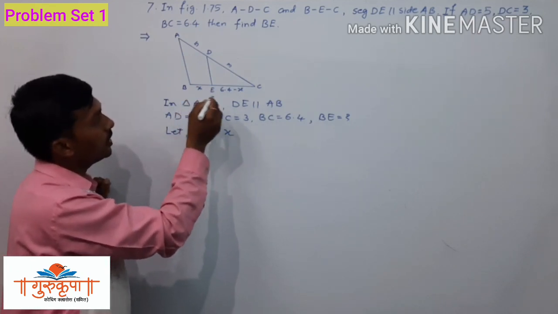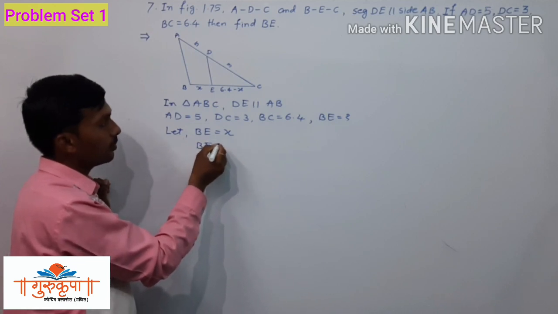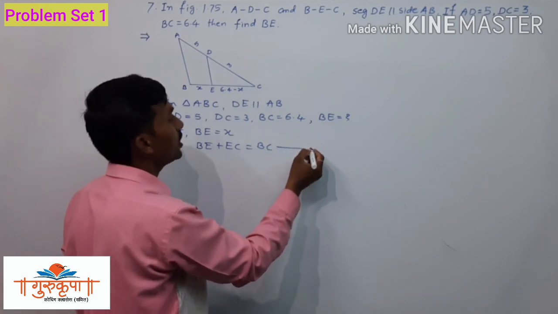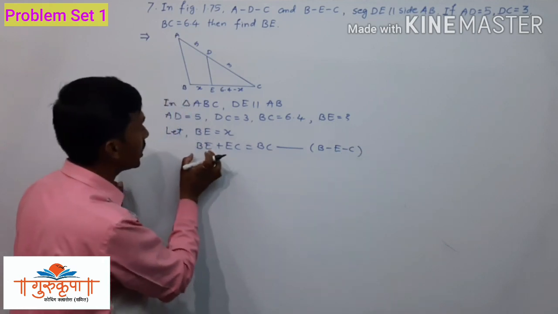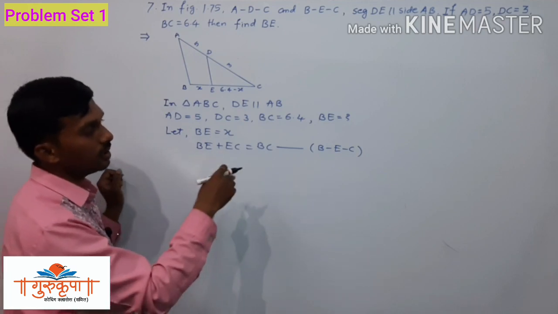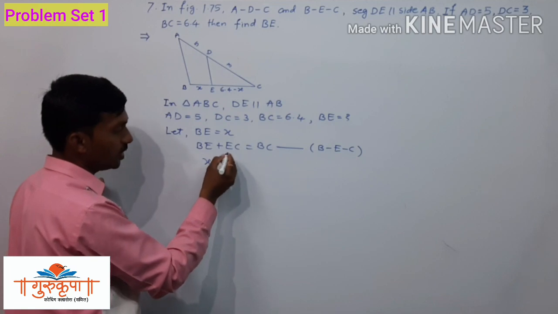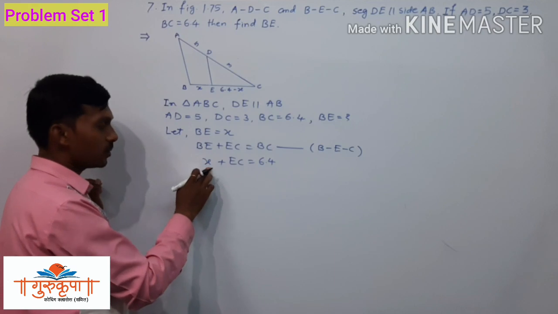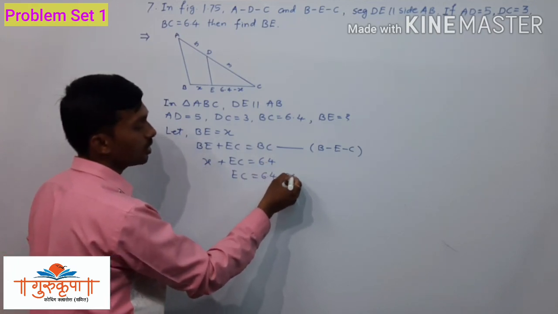So here we can write BE plus EC is equal to BC, and the reason behind it is E is in between B and C. This is the reason why we write BE plus EC is equal to BC, that is using the relation of betweenness. Now put the values here. BE is X, EC we have to find, and BC is given as 6.4. Now transfer this X to the right side, so you will get EC is equal to 6.4 minus X.